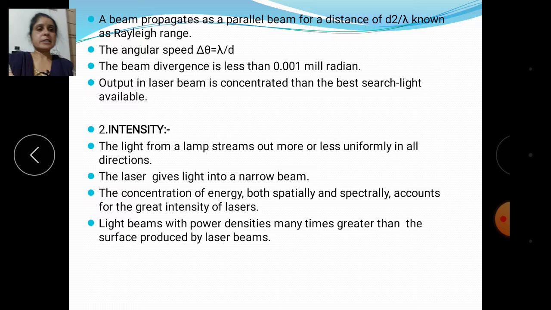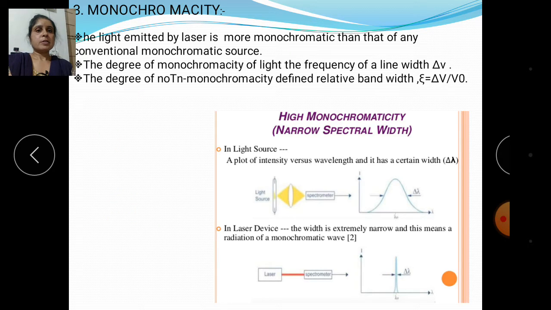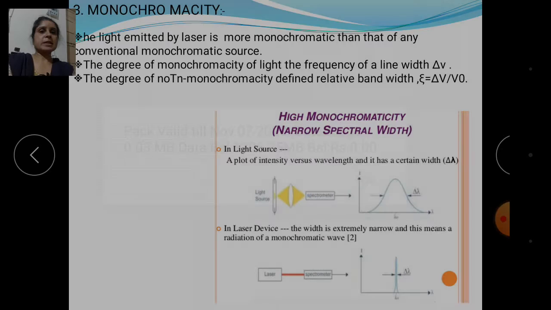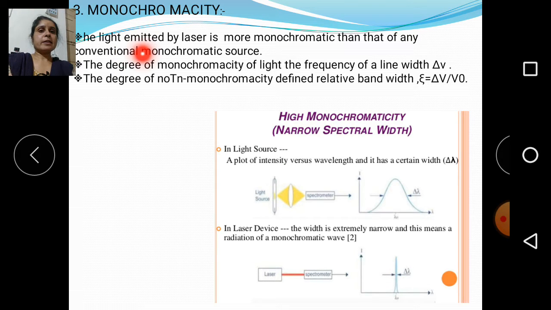Next is monochromaticity of laser. A laser produces highly monochromatic light. The light emitted by a laser is more monochromatic than that of conventional monochromatic sources.